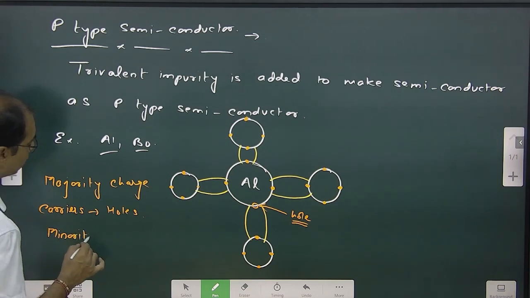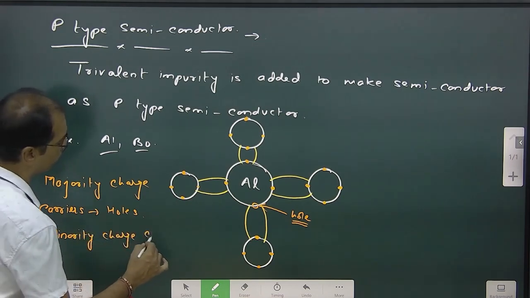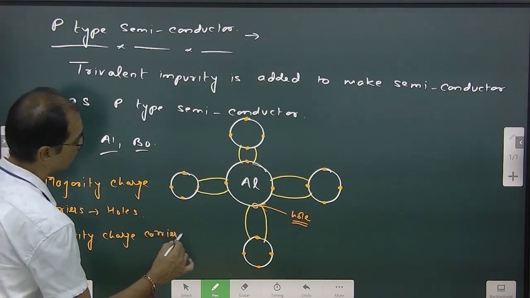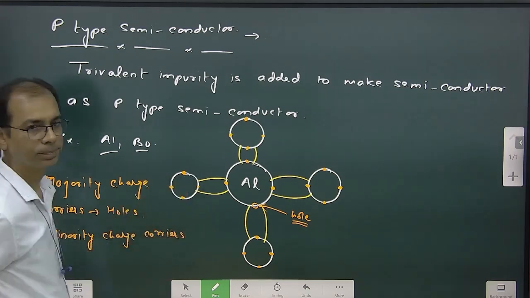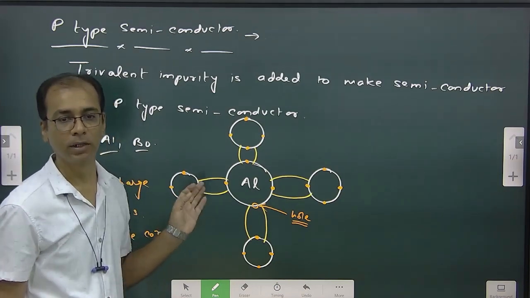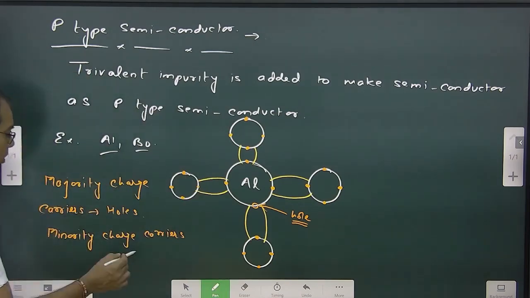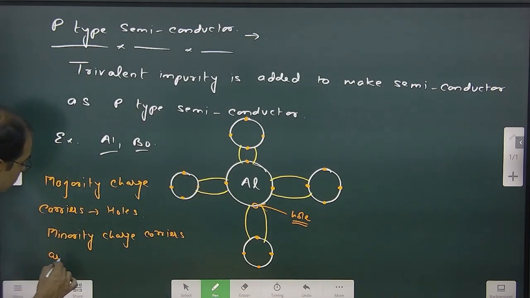From where did the electrons come? Electrons are in the conduction band. From where did they come? Because certain covalent bonds are broken, electrons get energy and those electrons go to the conduction band. So minority charge carriers are electrons.